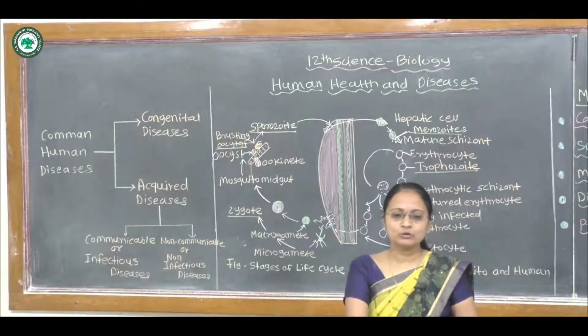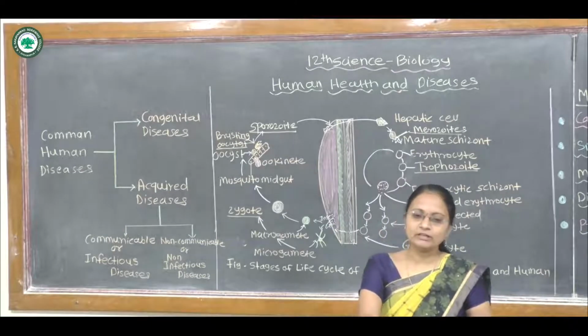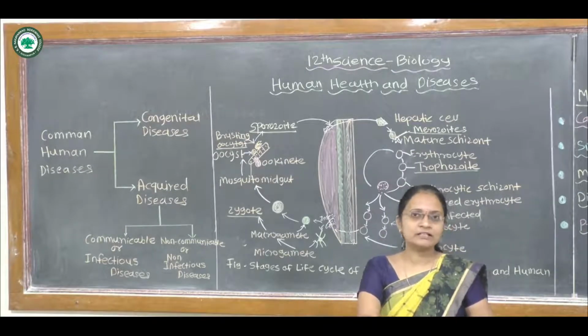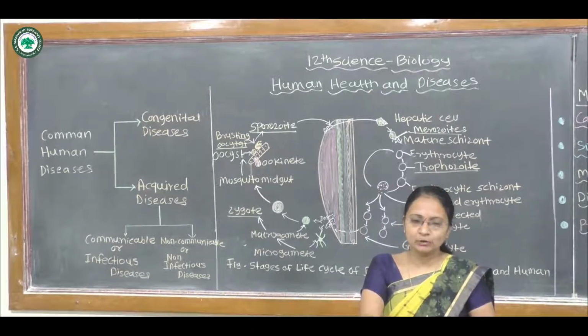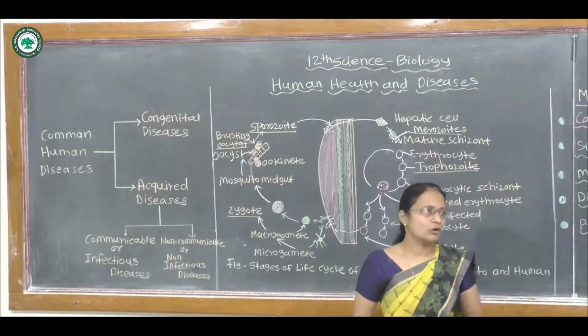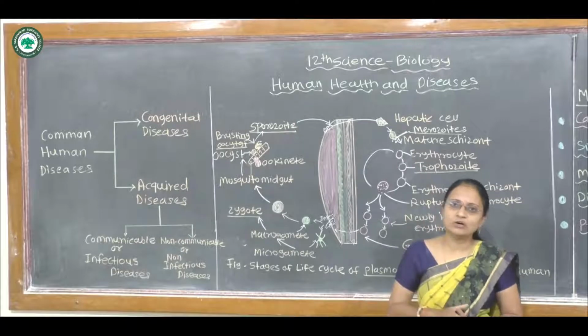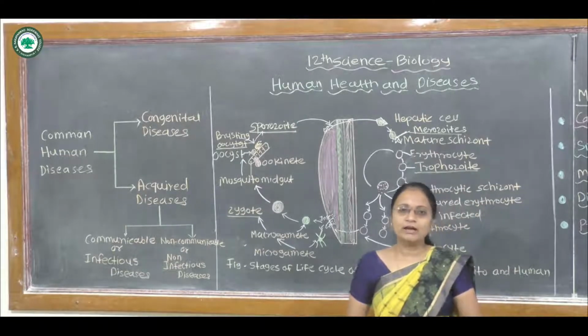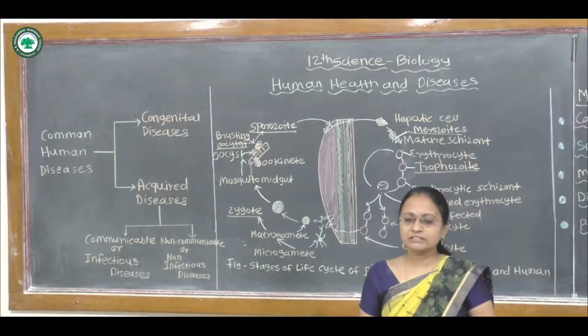These vectors are actually parasites, which we regularly come across. What is a parasite? A parasite is an organism that can live inside or on the body of another organism to take nutrition from it, and the host always gets harmed.